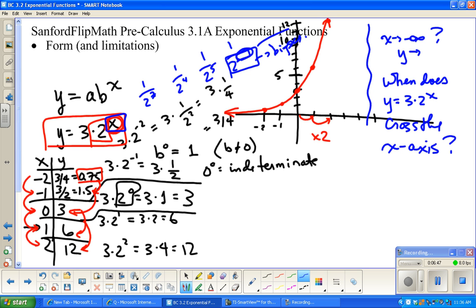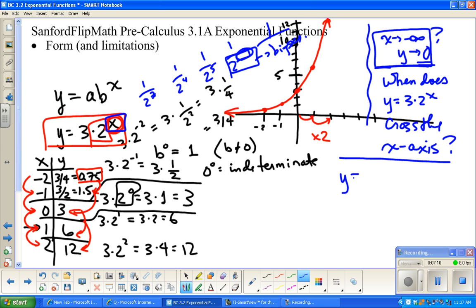And if I do 1 over a bigger and bigger number, the answer is getting smaller and smaller. So what number is that actually approaching? And what you need to know and think about is the fact that it actually approaches the x-axis. The y is getting closer and closer to 0, and it never actually touches it.